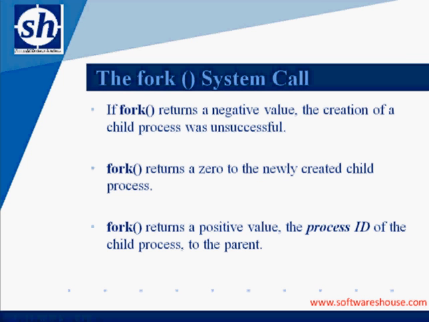Moreover, a process can use the function getpid to retrieve the process ID assigned to this process. Therefore, after a system call to fork, a simple test can tell which process is the child.